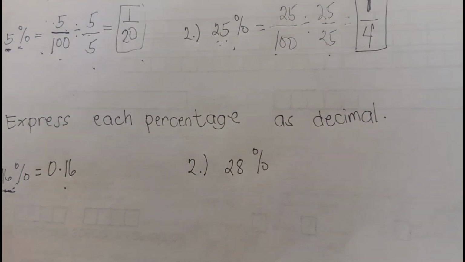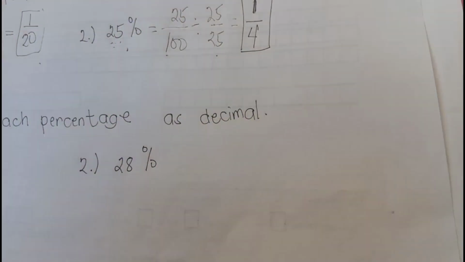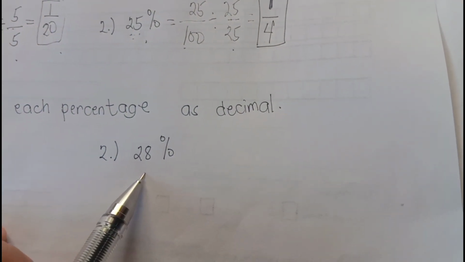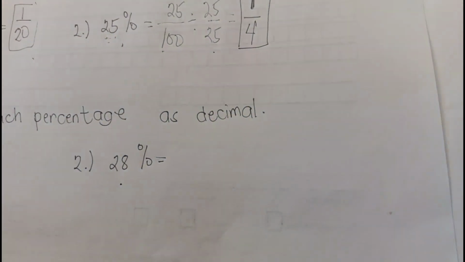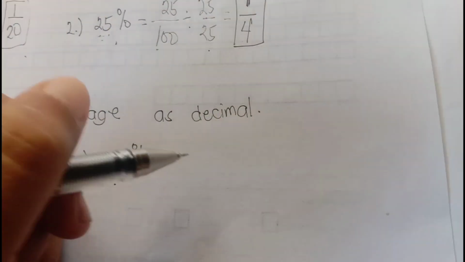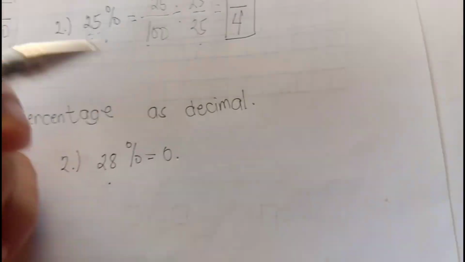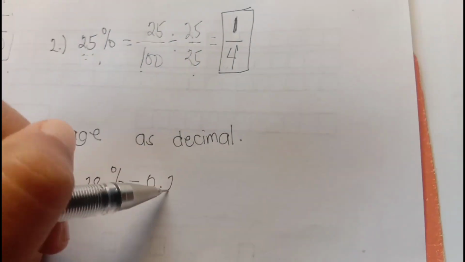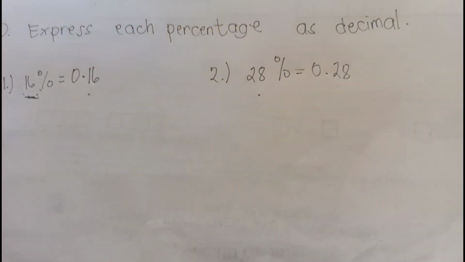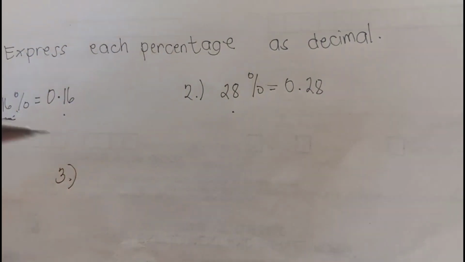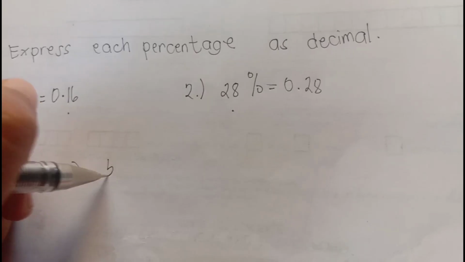So how about 28%? The same as 16%. You just put 0 and a decimal point, then 28. How about 5%?